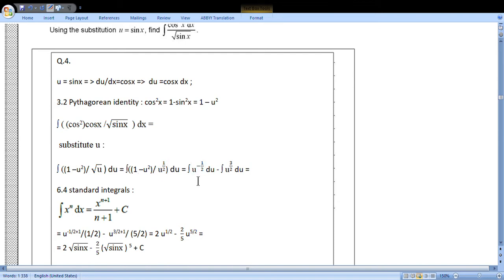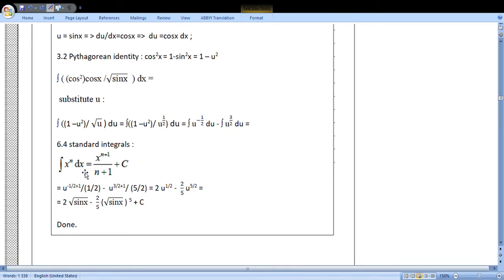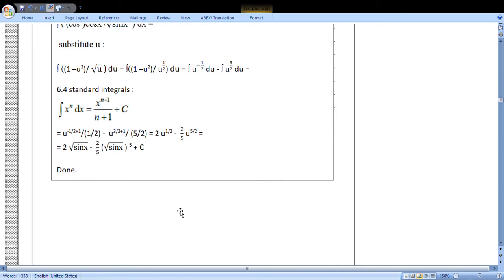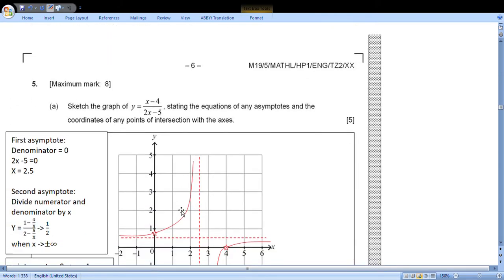So 1 divided by u to the 1 over 2 is u to the minus 1 over 2, minus u to the 3 over 2. Then standard integrals in this form, and then we get the value. Done. Next question.